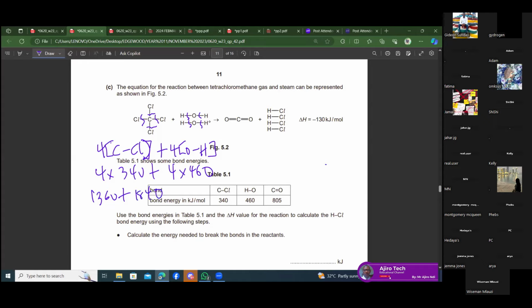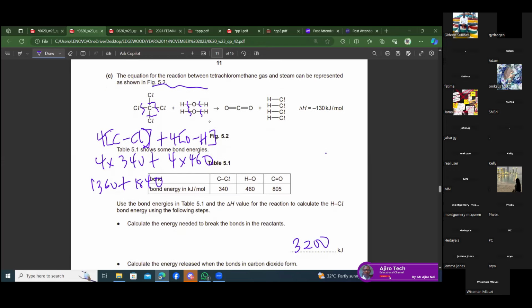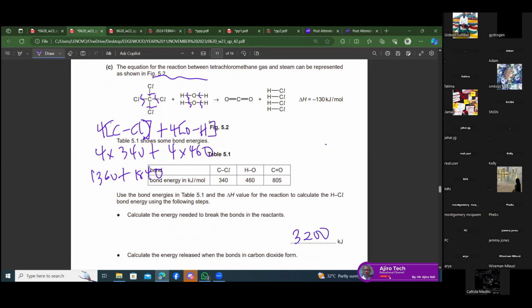So if we add all of this up, I have 1840 plus 1360. So we're having 3,200 kilojoules. So this is the reactant end. So that is what we do for the energy required to break the bonds. All we need to do is to just count all the bonds and multiply the number by the energy required.